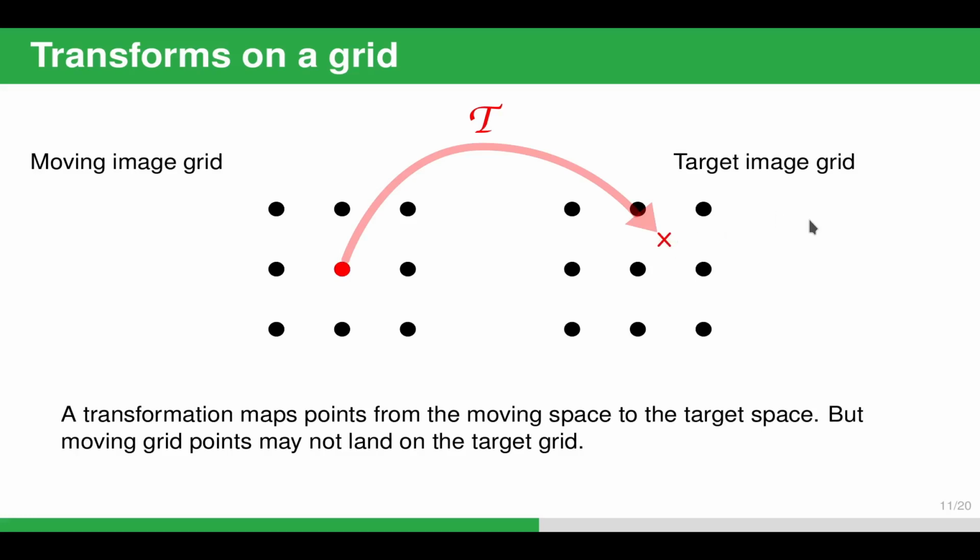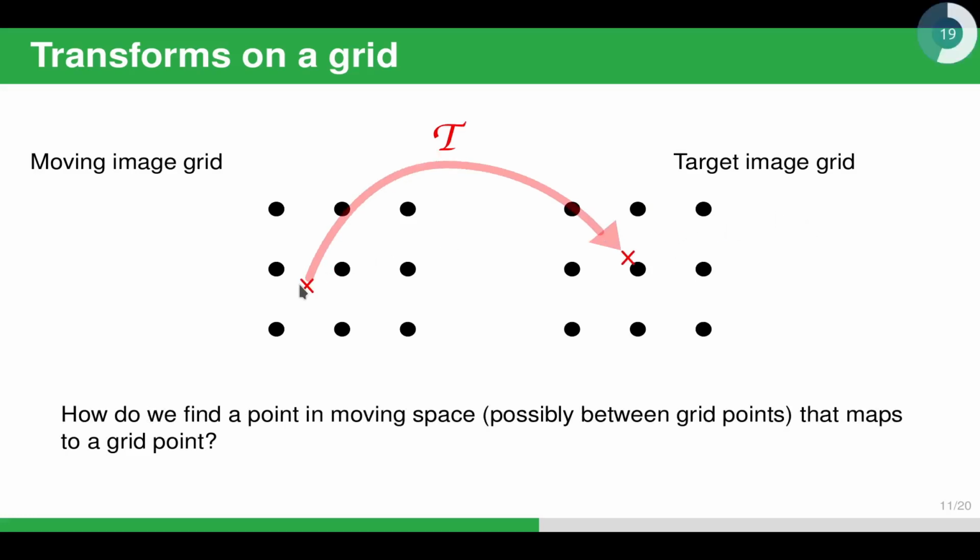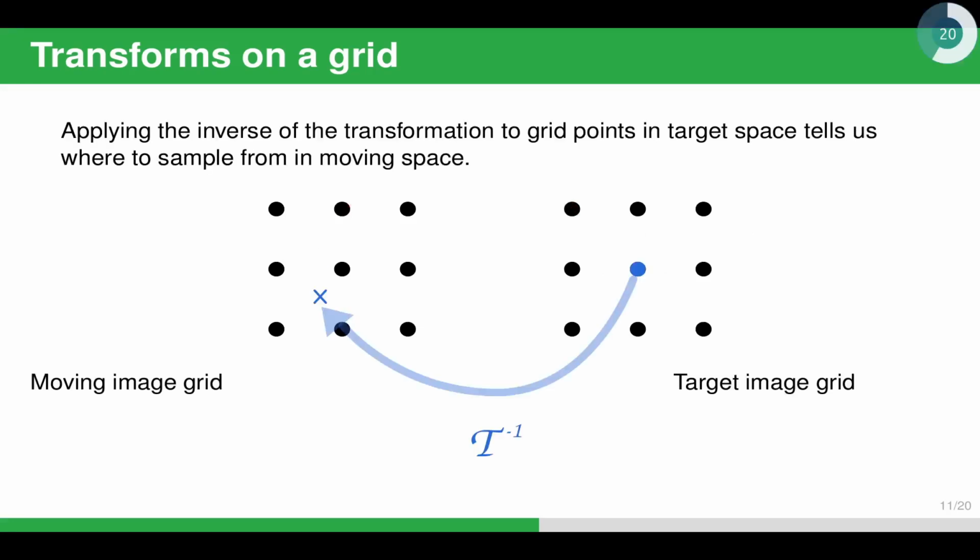You might try to guess what point to use as an input to the transformation so that it ends up at a grid position. And actually, we already saw how to do that. The inverse transformation tells us exactly how to do that. What we need to do is give pixel locations in the target image grid to the inverse transformation, and that tells us where to sample from in the moving image grid, and the value that we get we're going to put at this pixel location in the target image space.